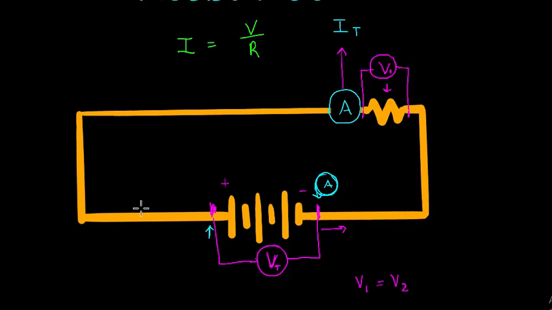Now whenever you are in the main branch of the circuit, in other words, whenever you are measuring the current, and that current at that point would be the same as the current that just comes out here, we'll call that the total current. Now the total current will always be equal to the total voltage, which is the voltage over the battery.